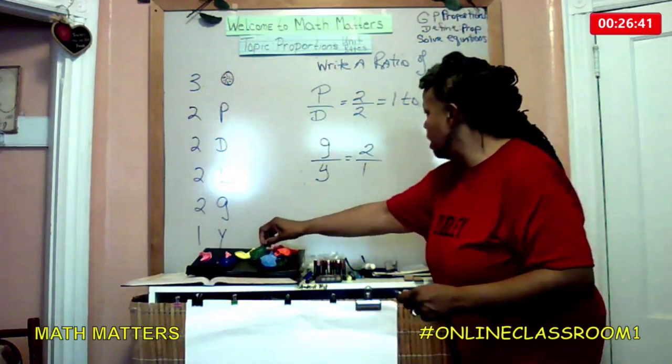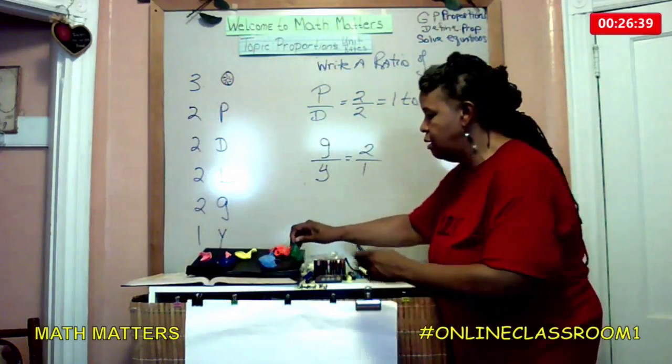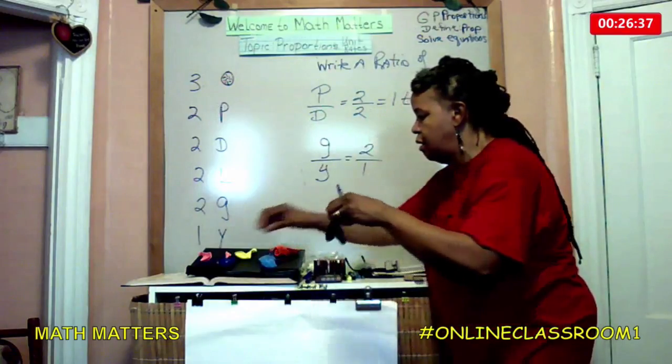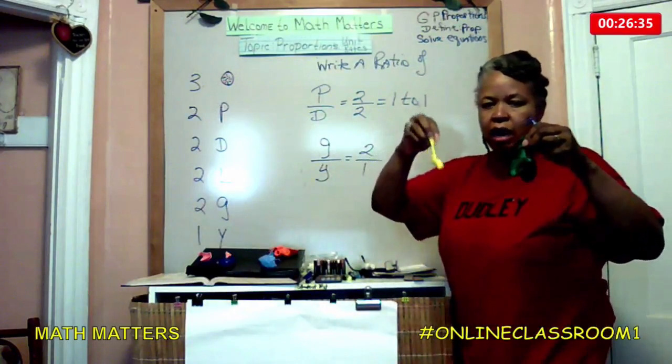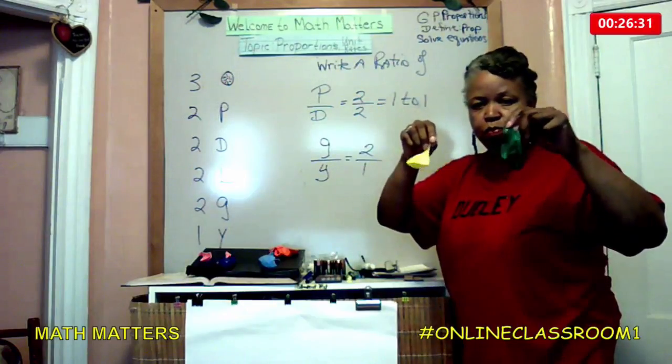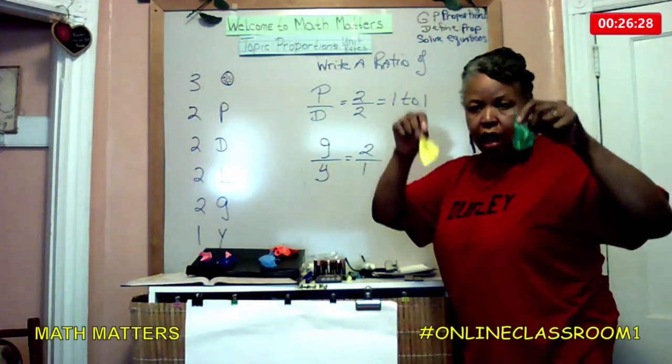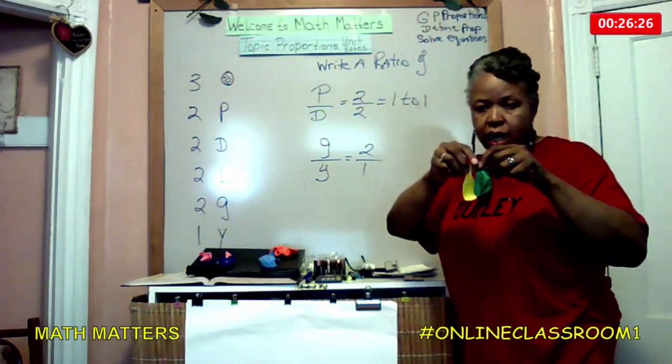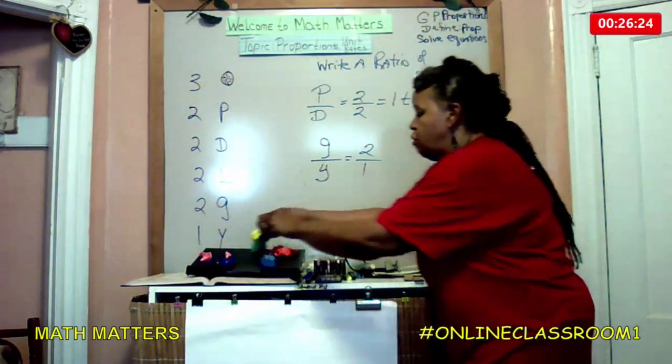In other words, I've got my 2 green. For every 2 green, I only have 1 yellow. For every 2 green balloons, I've got 1 yellow balloon. Okay? So that's a 2 to 1 ratio.